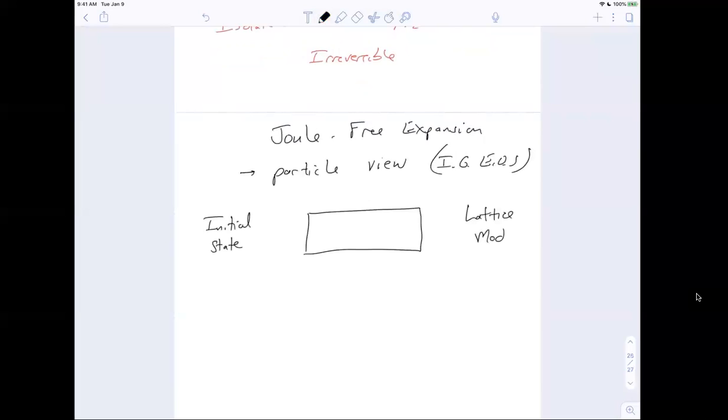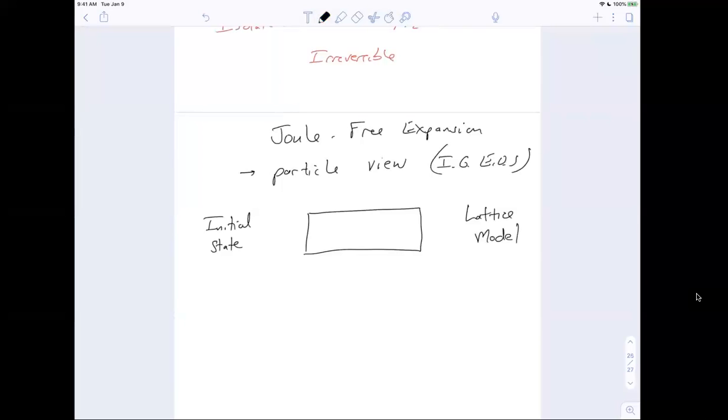Lattice models are very useful in physics and statistical mechanics, and approaches of this nature, to understand entropy at a very fundamental level. And the lattice model is that we have lattice sites where we can put our particles. So this can be three-dimensional. I will just pose it in this 2D case because that's all I have to draw, and it's easier to see.